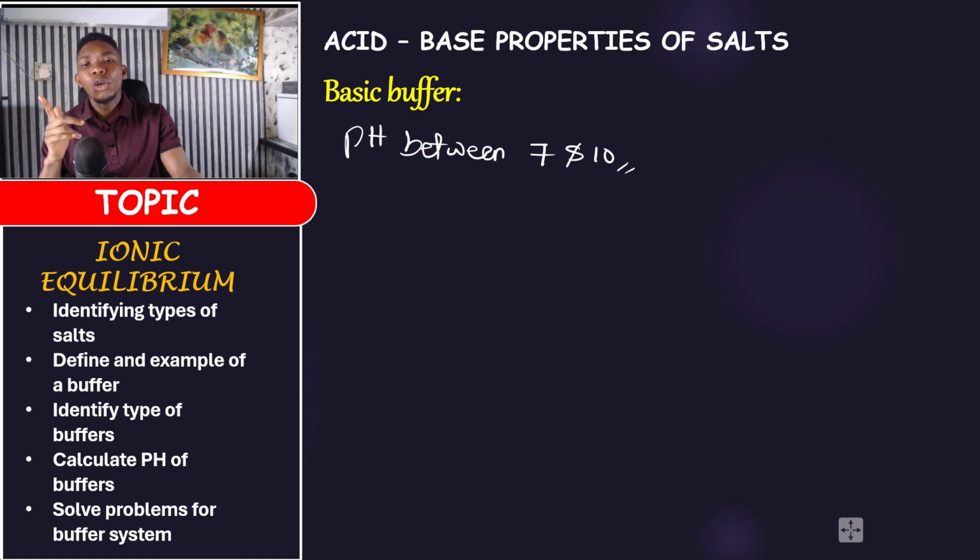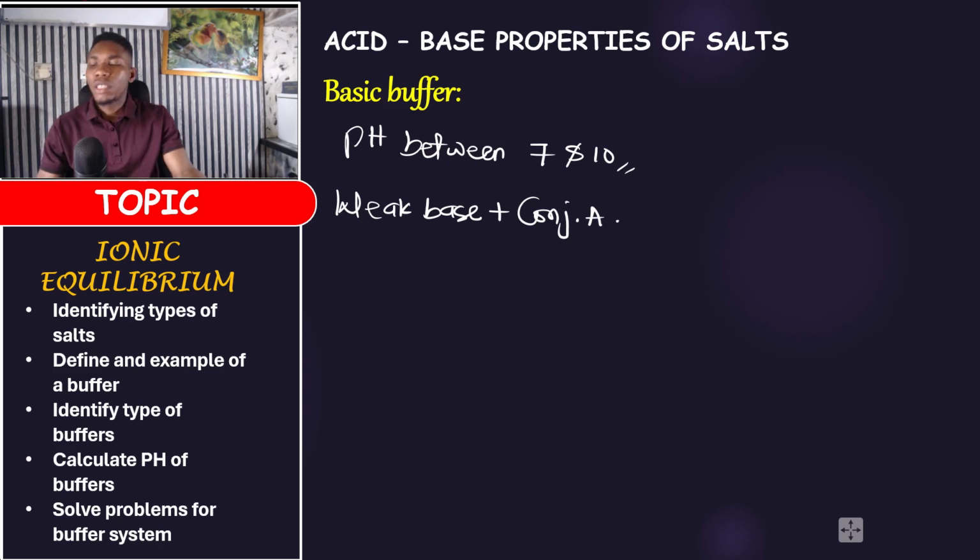For basic buffer, they are prepared from a weak base plus their conjugate acid, or the salt of that base. An example is ammonia, a weak base, plus ammonium chloride.